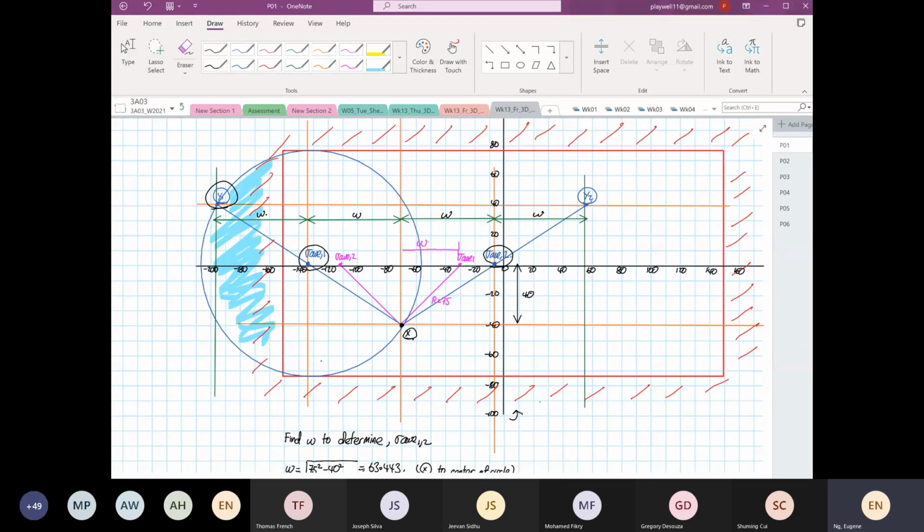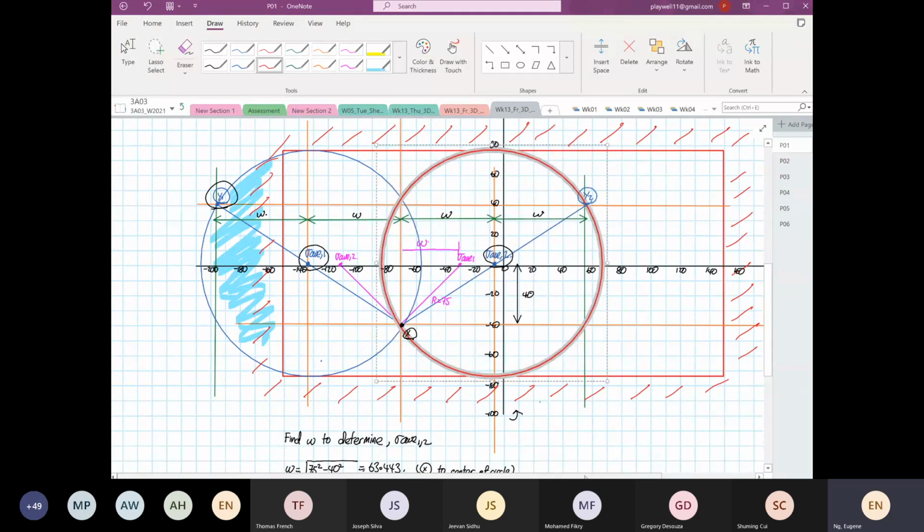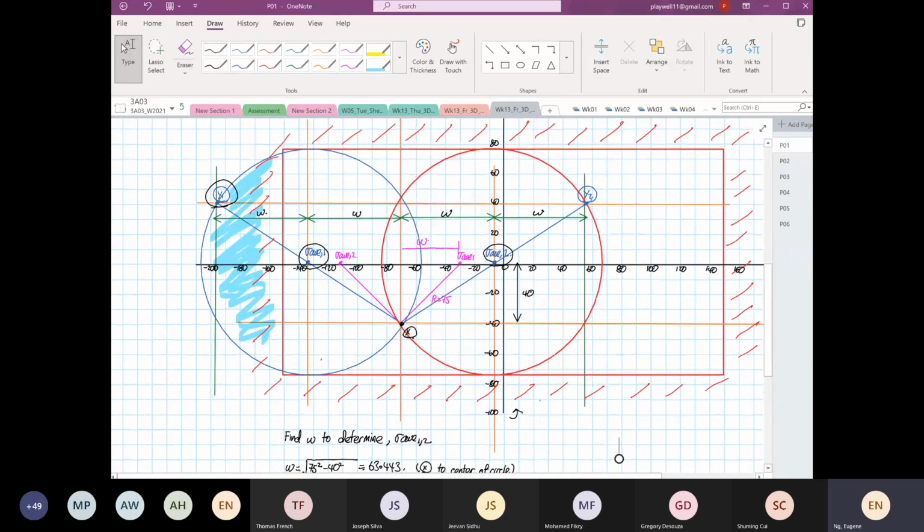Now let's draw the circle for y2. I'm going to use a thicker pen. This is the circle for y2. This is the good circle, the valid circle.